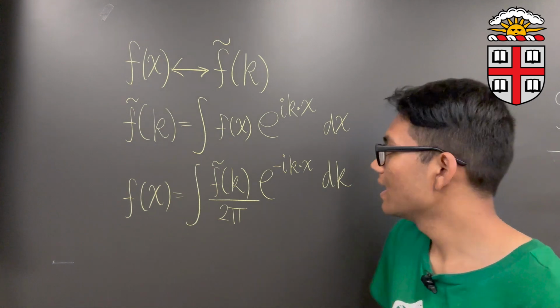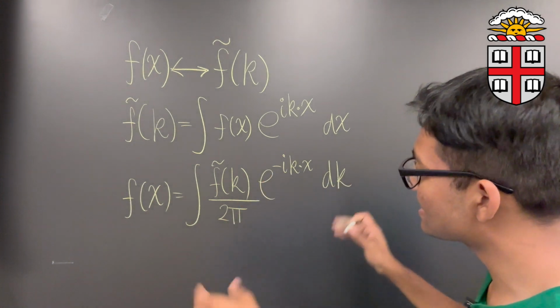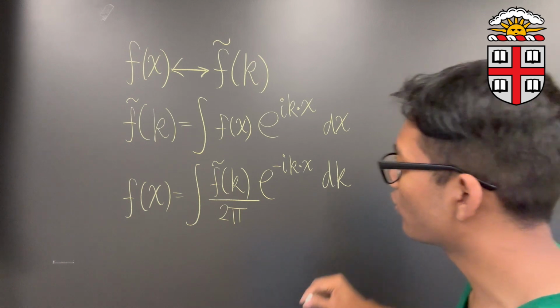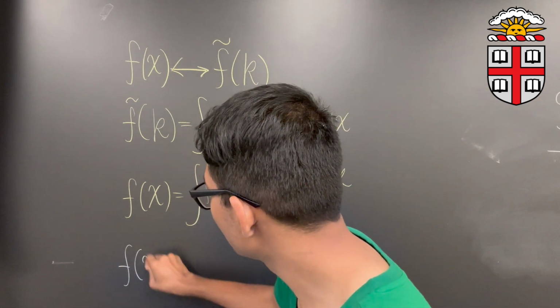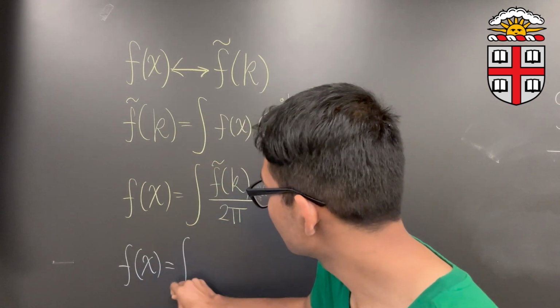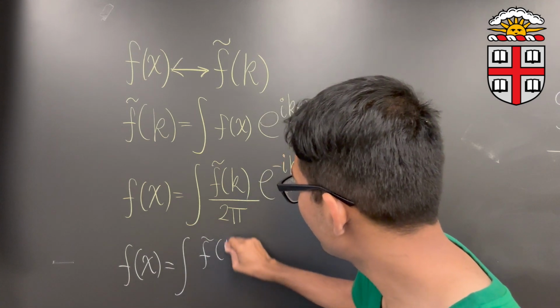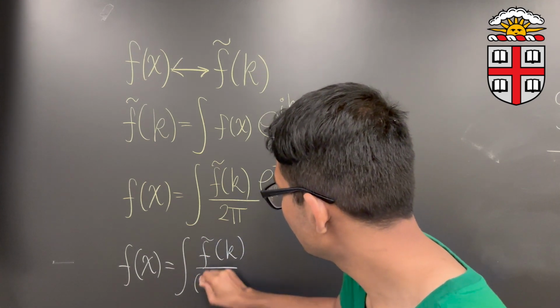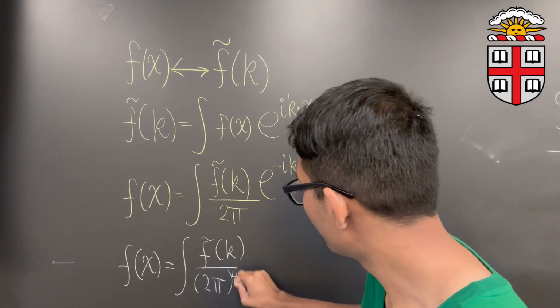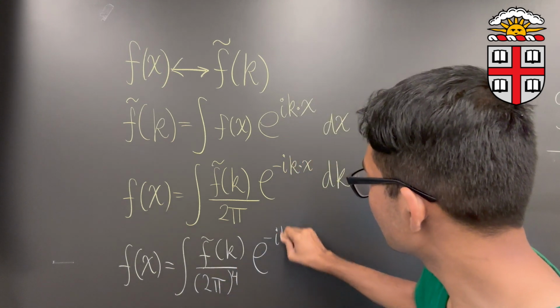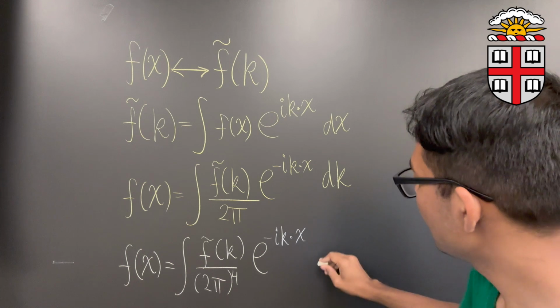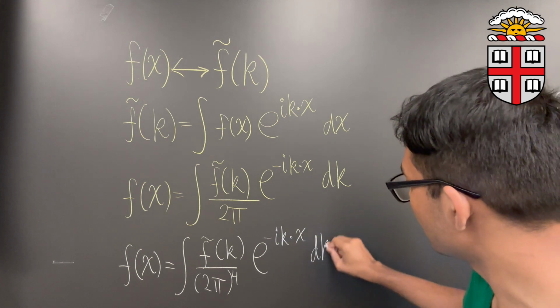Now, if you have a space-time Fourier transform, then that's just going to be done in 4 dimensions. So that's going to be of the form f tilde of k, 2 pi to the 4th, e to the minus i k dot x, and instead, right, d to the 4 k.